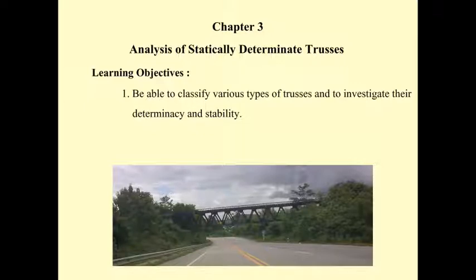So b plus r, the unknowns, will be compared with the number of equations of equilibrium, 2j. If they are equal, that structure is called a statically determinate truss. If the unknown is larger than the number of equations, that structure is called a statically indeterminate truss.